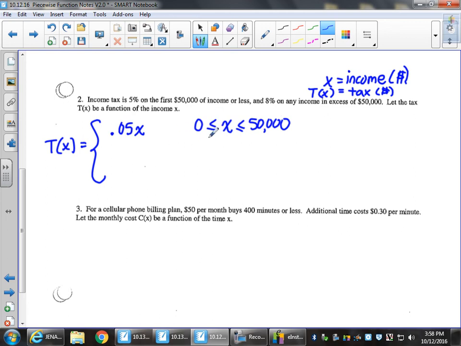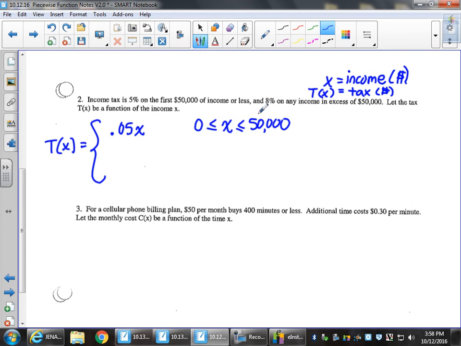Again, we cannot have negative money, so 0 will be a real-world lower limit on our X values, on our income. Notice, unlike the population examples, I do not have an initial value. I'm just straight up told 5% on income between 0 and 50,000. Done.